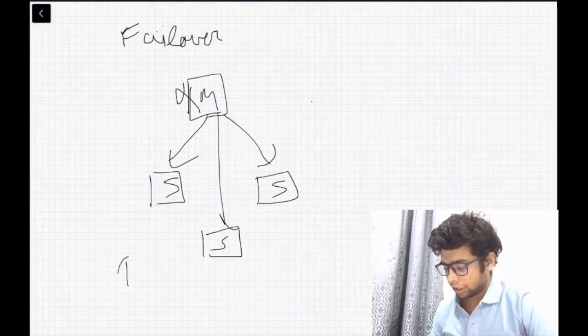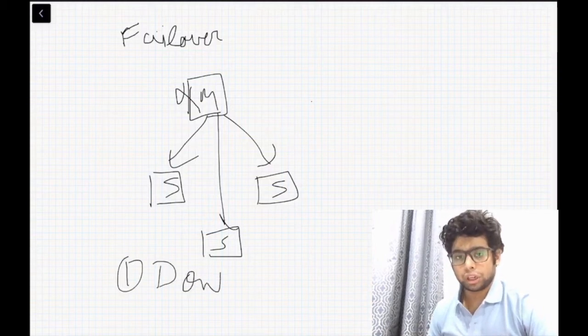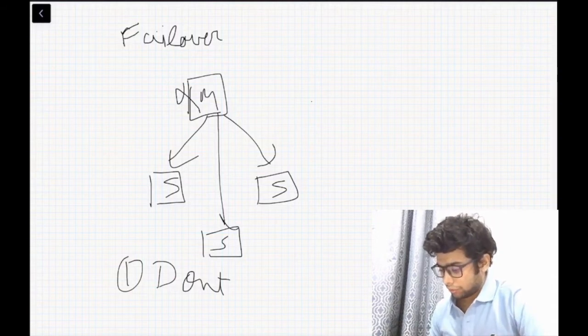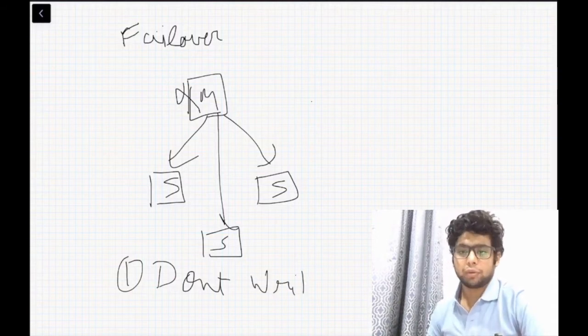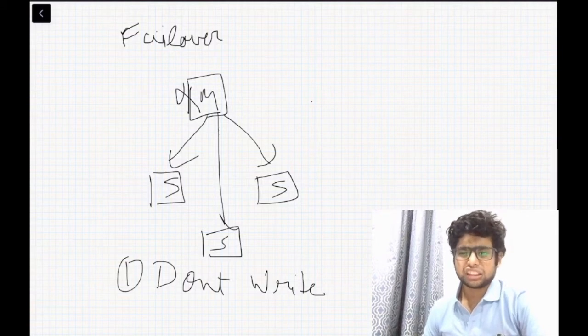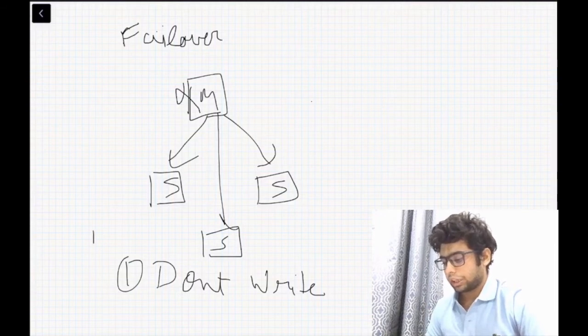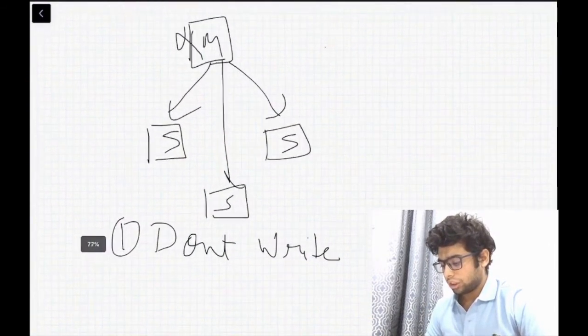Your system would only give out read query responses, but not write responses. But then your system won't be available. It can work sometimes, but generally people don't prefer it because then your master is a single point of failure, which we don't like in our distributed system.